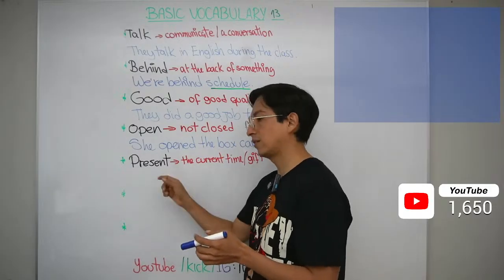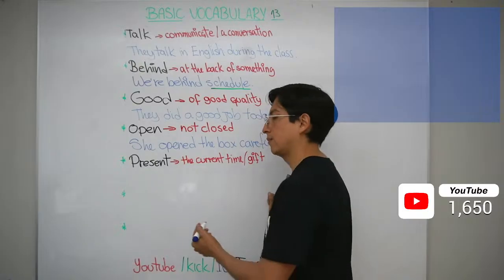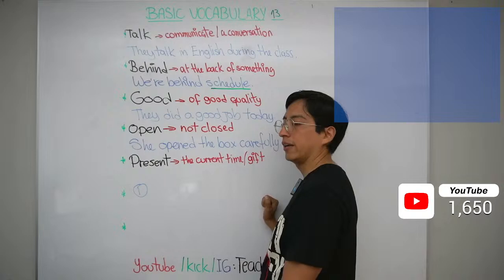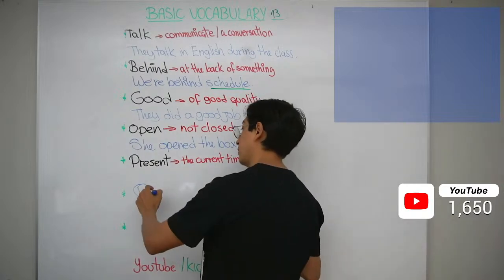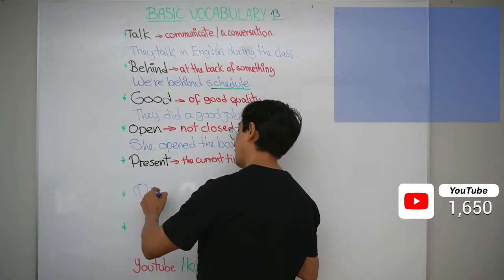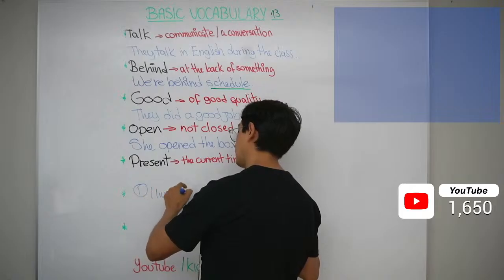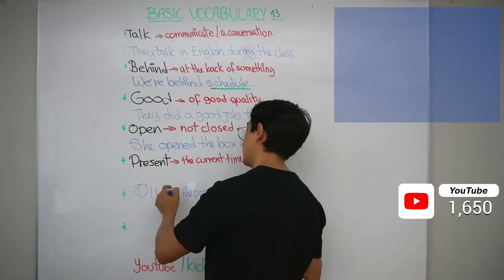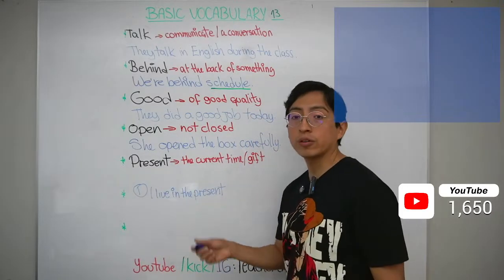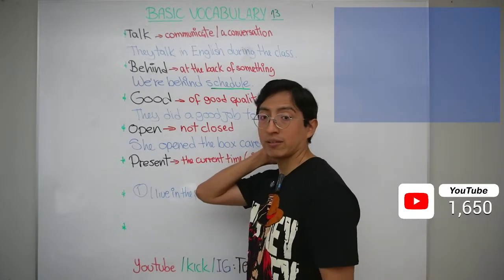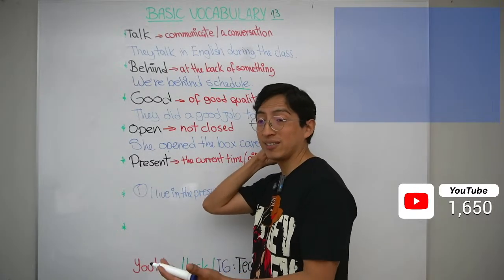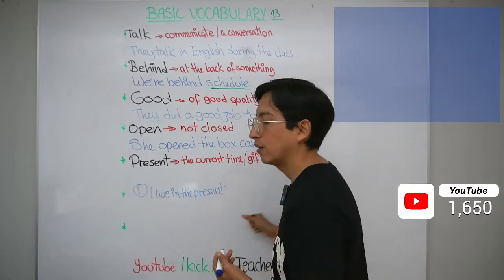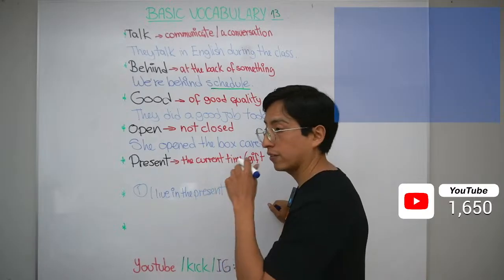Now let's start with number one. The current time. For example, I live in the present. Or when we're talking about the tenses, right? Simple present, present continuous. That's the first meaning here.